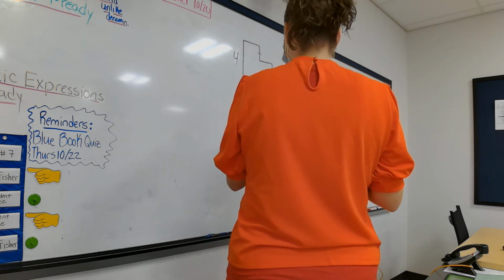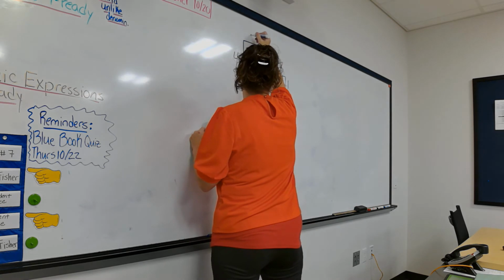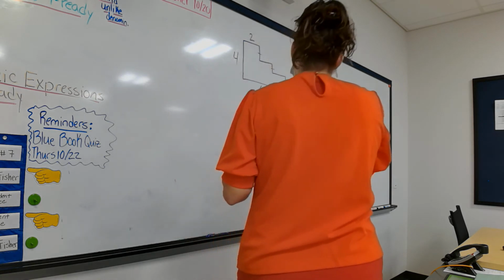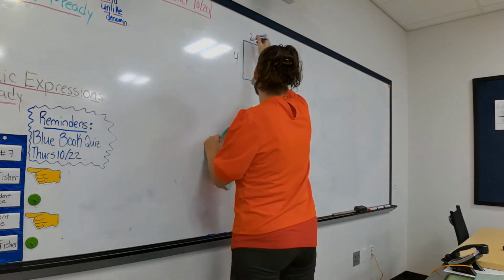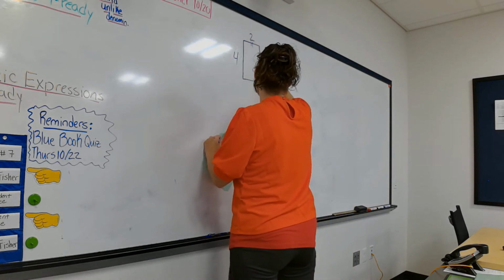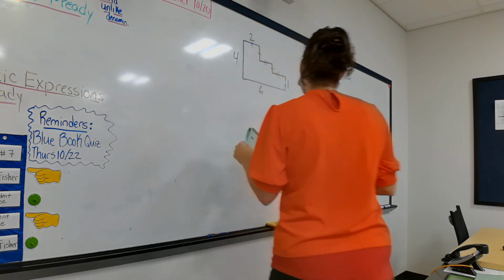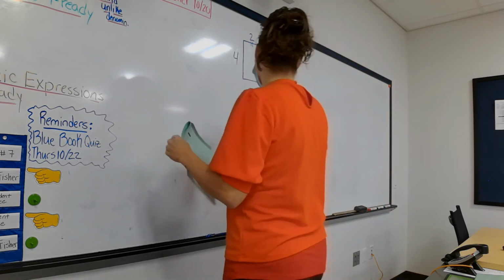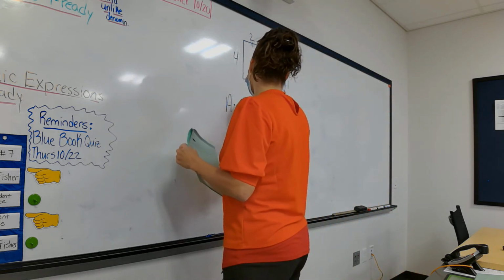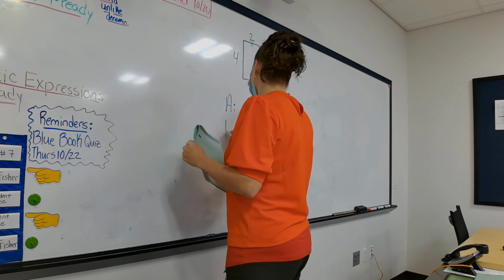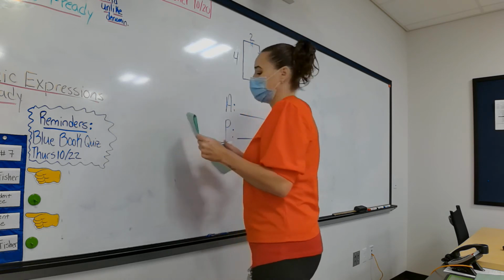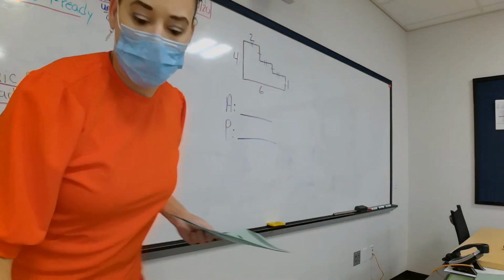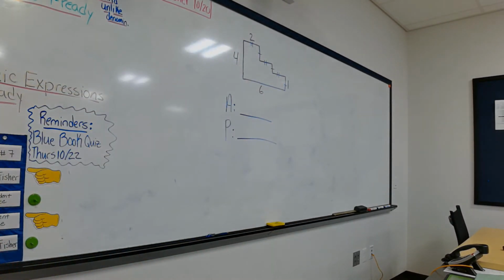And we'll put that as 2. Double dash, double dash, double dash. All right, calculate the area and perimeter. All right, let me get this.